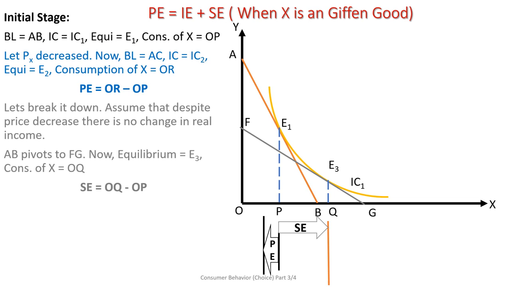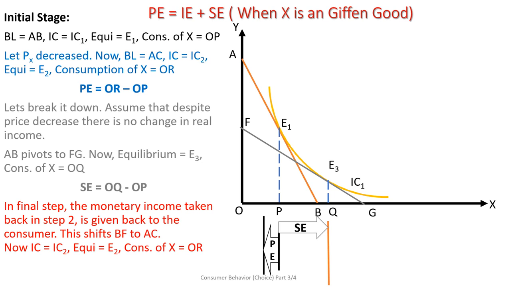Now finally, we assume that when the price of commodity X decreased, the real income is also allowed to adjust, that is, it is allowed to increase.